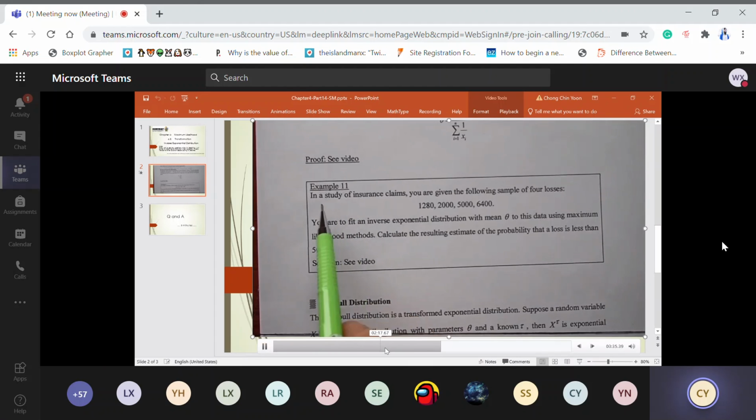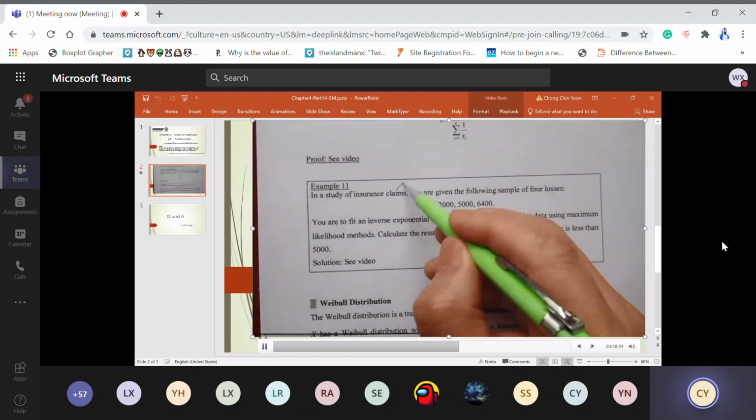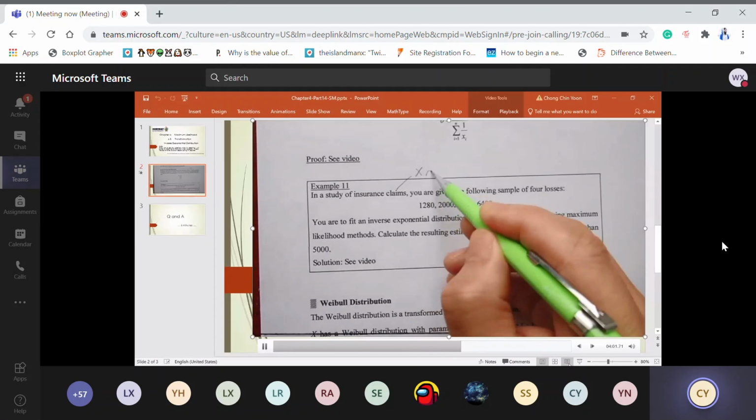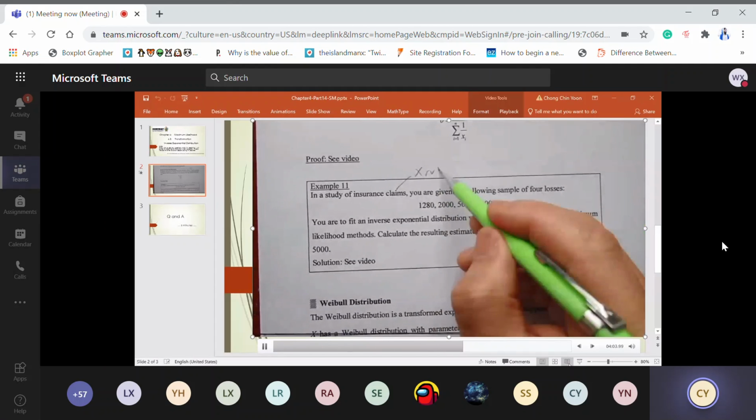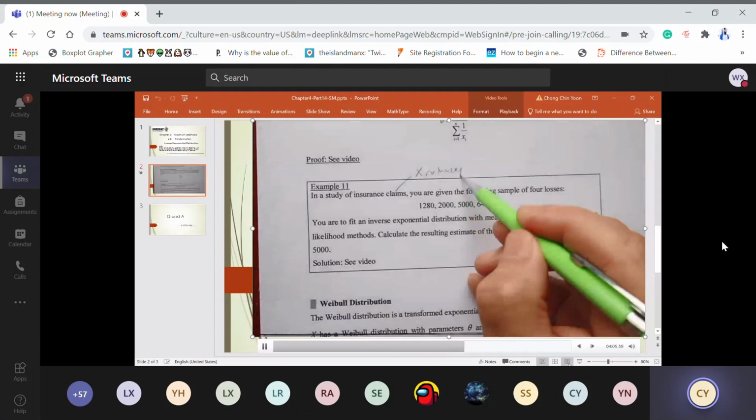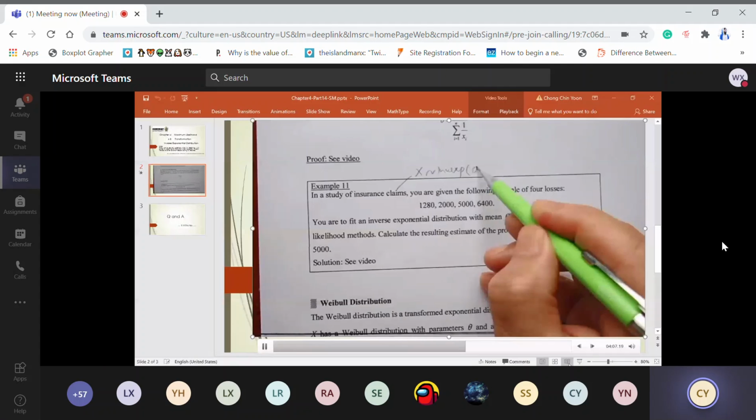In the study of insurance claims, you are given the following sample of 4 losses. You fit an inverse exponential distribution with mean theta to this data using maximum likelihood methods. Calculate the resulting estimate of the probability that a loss is less than 5,000. Let x be the claim random variable such that x is inverse exponential distributed with parameter theta.